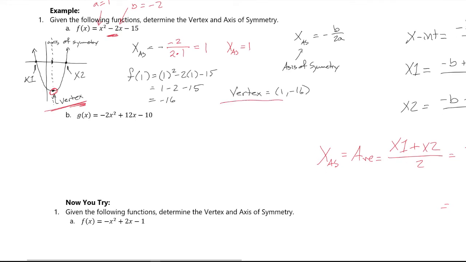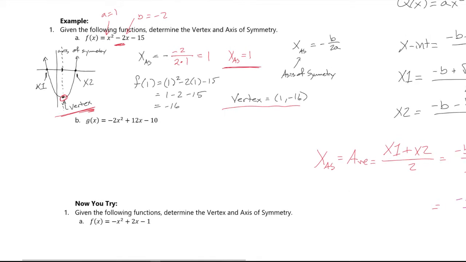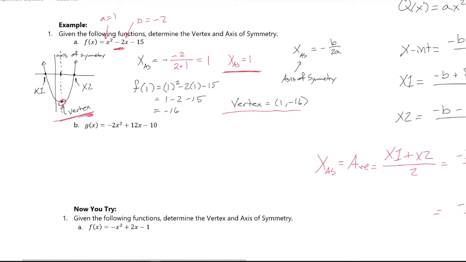So our answers for this first problem are the x value of the axis of symmetry equals 1, the vertex equals 1, -16. All right, so let's do this a little bit faster for part B. All we're going to do here is say that the x value of the axis of symmetry equals negative b. B is 12. Let me actually bring this down.